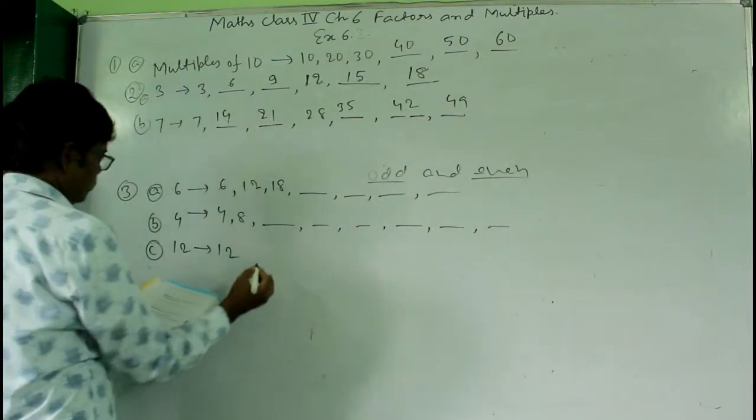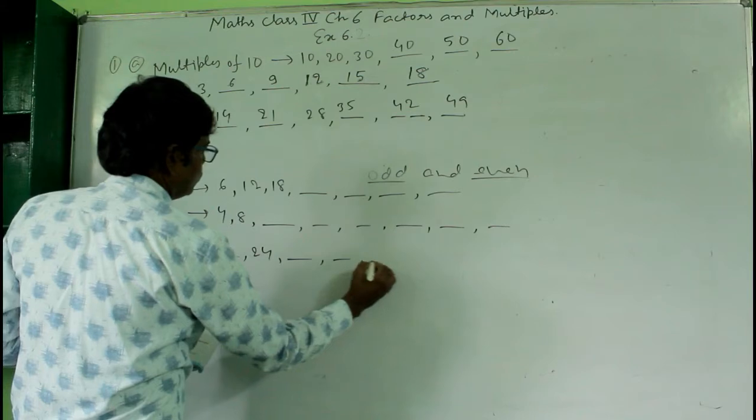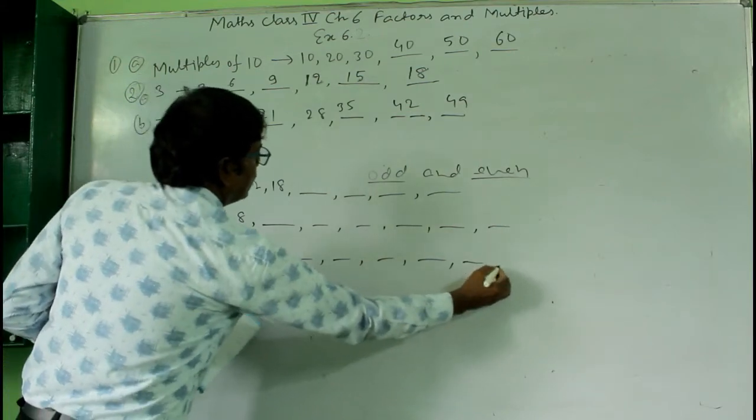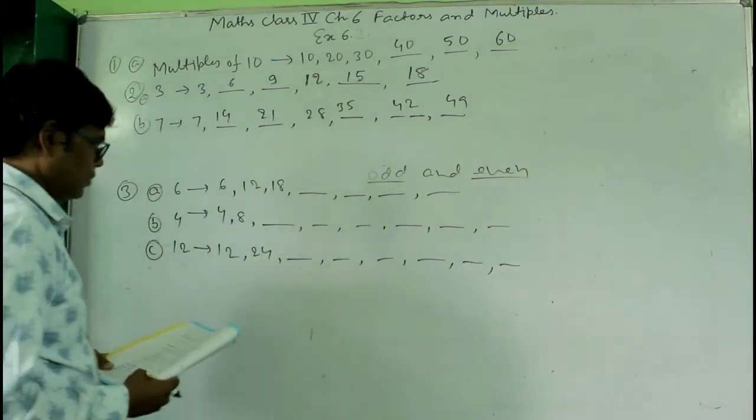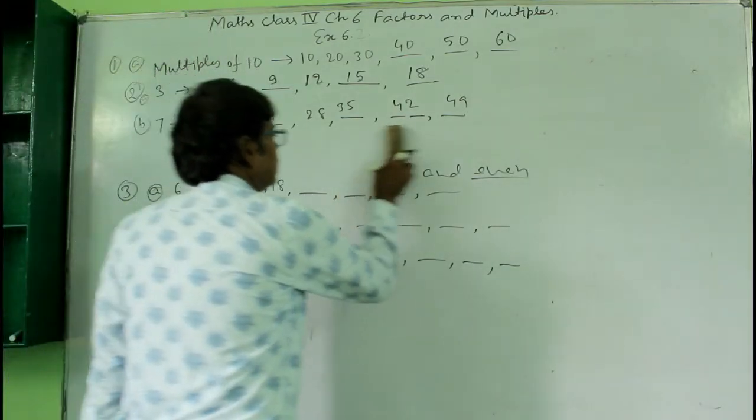And here 12 also, you have 24, 1, 2, 3, 4, 5, 6. So these are the dashes, and we have to fill in the blanks.